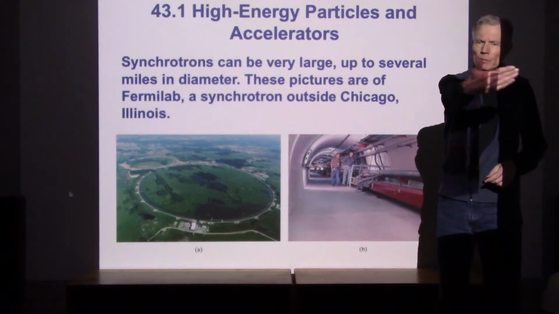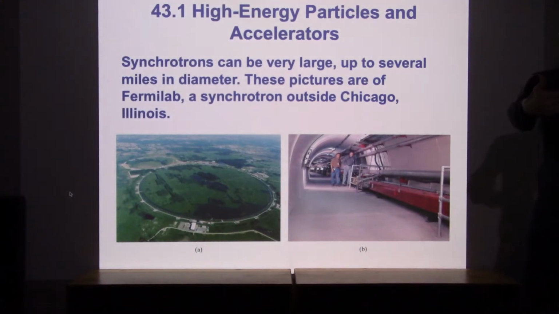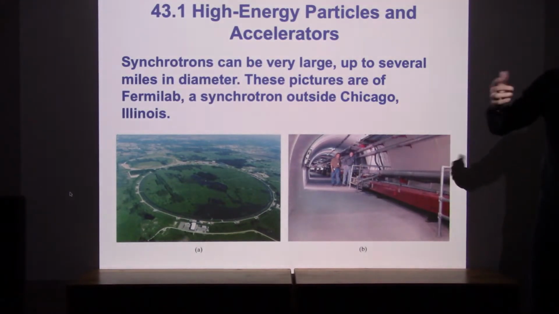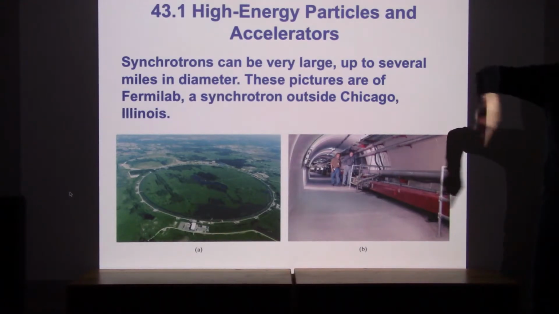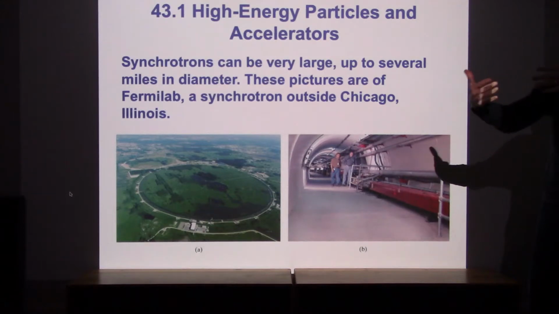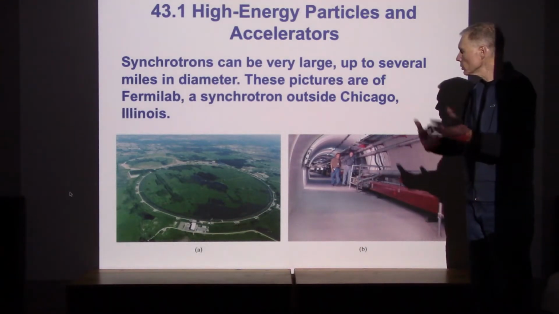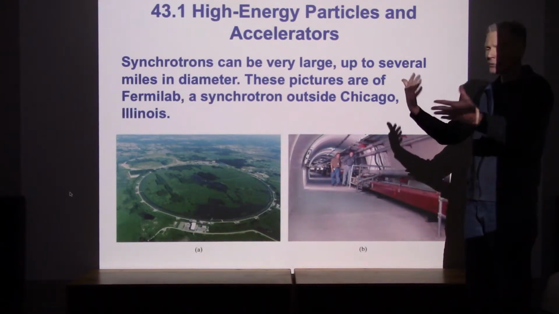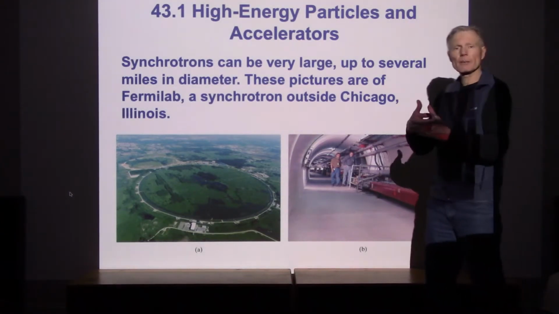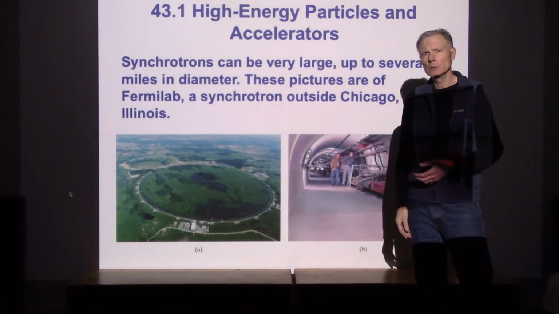Protons are being accelerated and then circulated in one direction. Antiprotons are being circulated in the other direction. And the magnets are used to steer the protons and antiprotons. So at designated locations, they cross. And where they cross, there's the possibility of setting off some kind of a reaction.